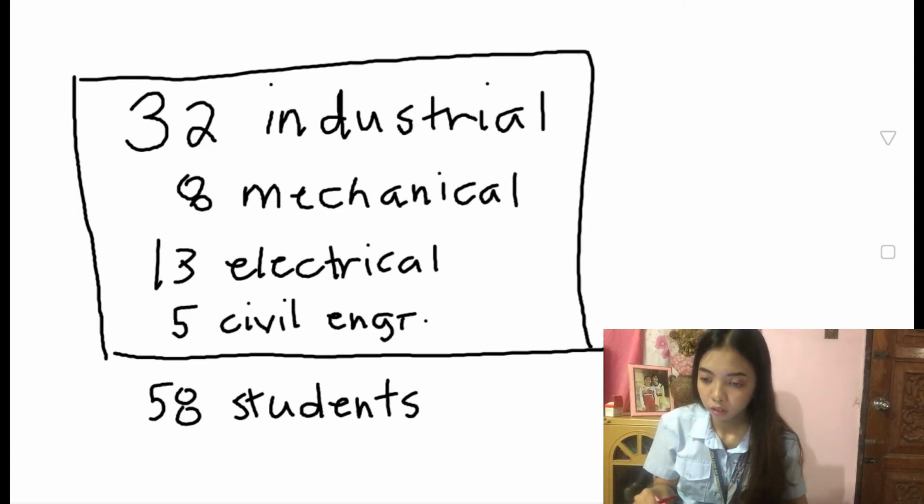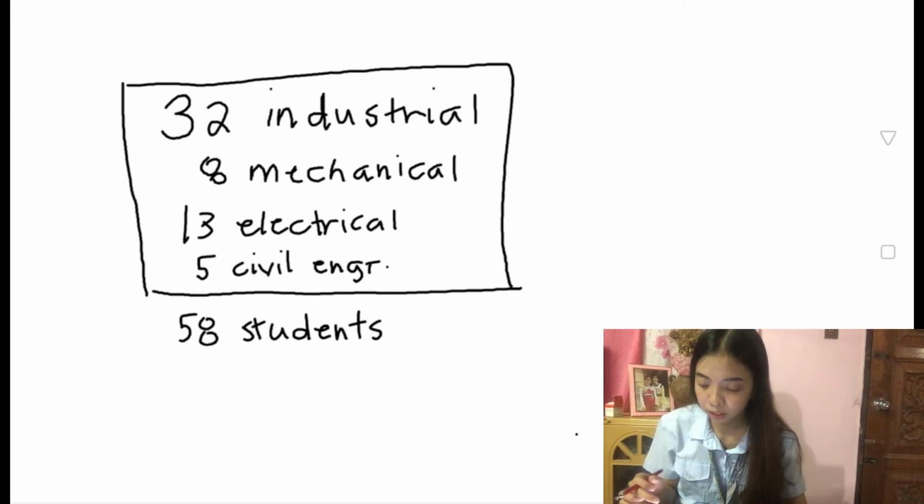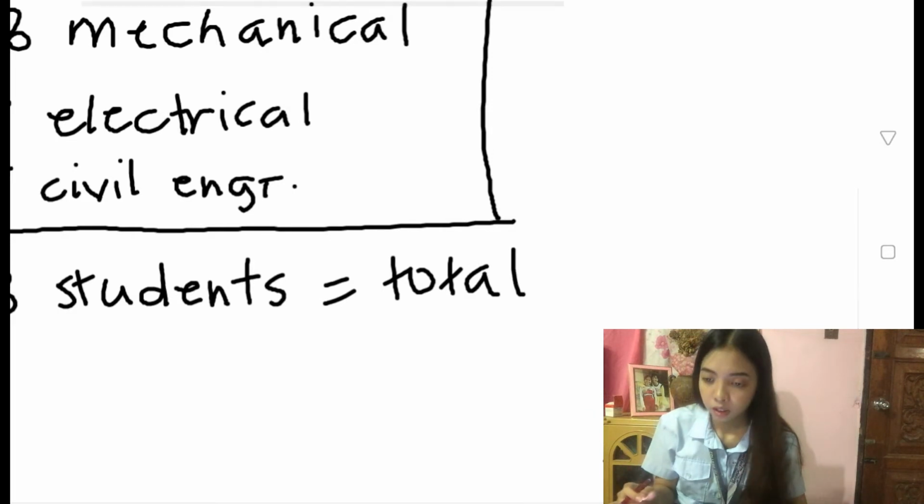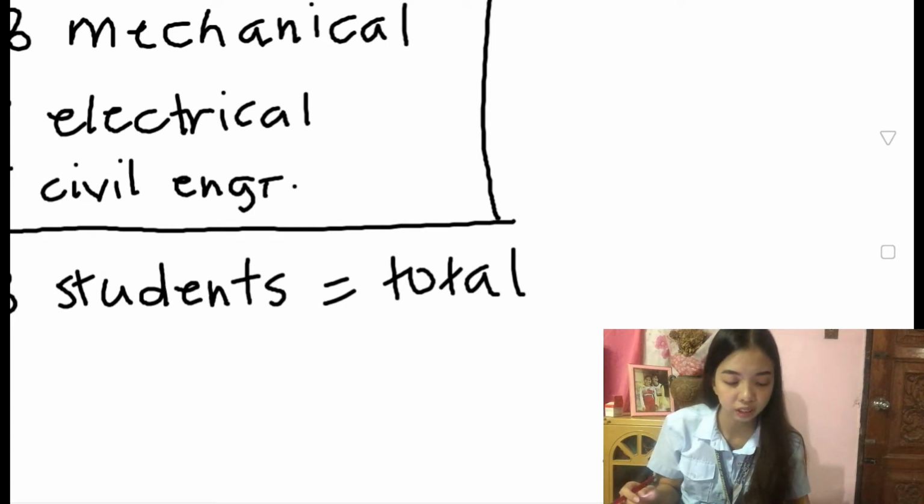First, we need to determine the probability that the student chosen is an industrial engineering major.